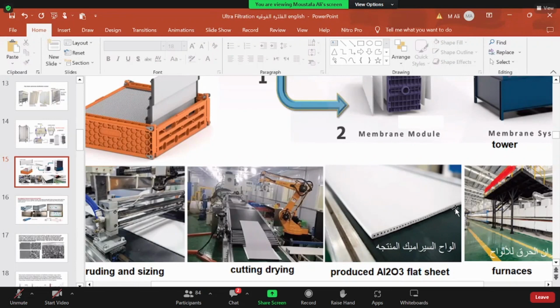After that, it passes through these furnaces. These furnaces differ largely according to the type of membrane we are producing.